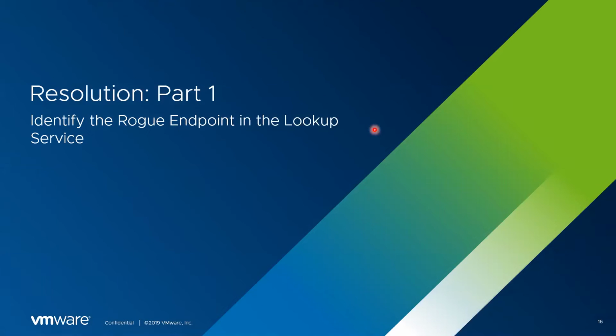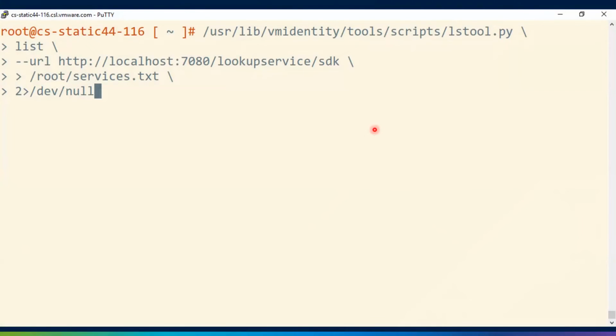Part 1, let's identify the rogue endpoint in the lookup service, right? So there's this little handy Python script on the vCenter. It is called ls_tool.py, so it is just the command line interface to talk to the lookup service. In this case, we want to list all entries in the lookup service.